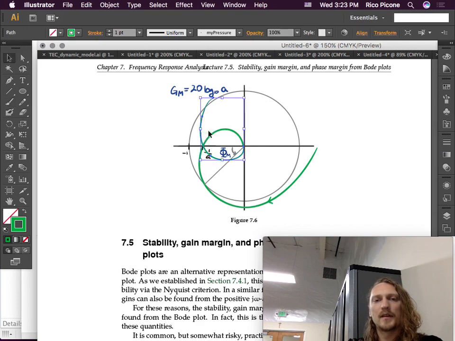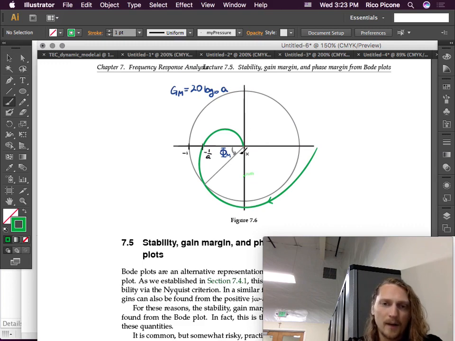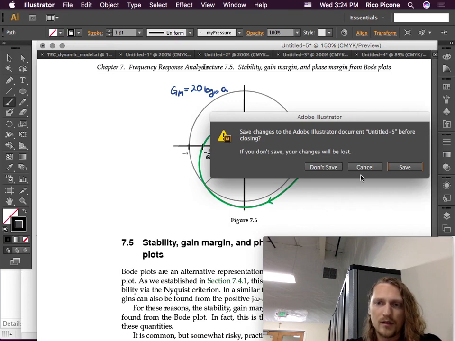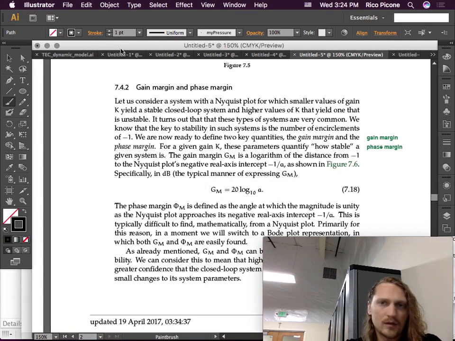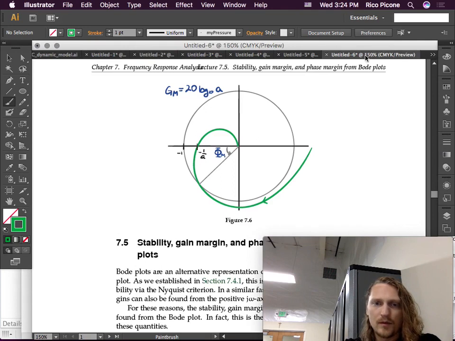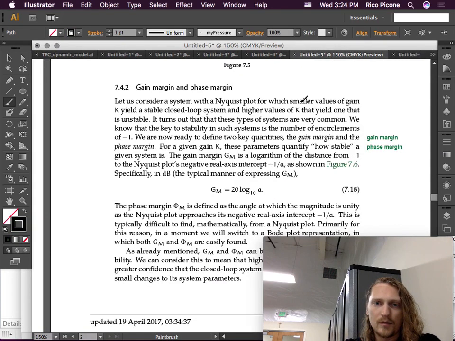I'm going to delete this for now because it gets in the way of my writing. But we've got a definition now. So the gain margin is a logarithm of the distance from -1 to the Nyquist plot's negative real axis intercept, -1 over a, as shown in this figure.